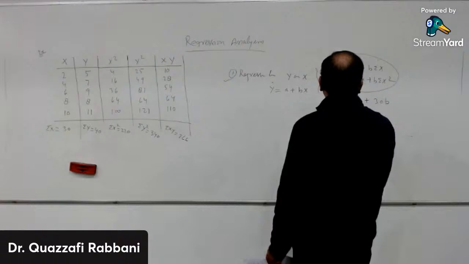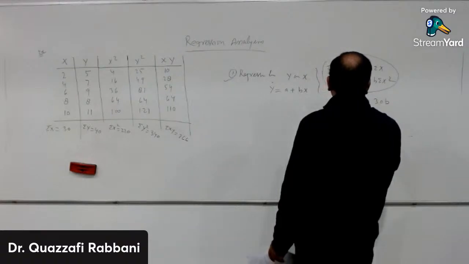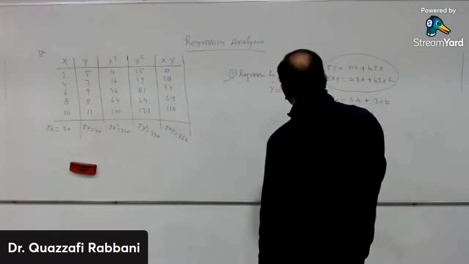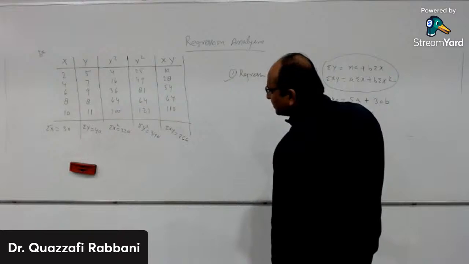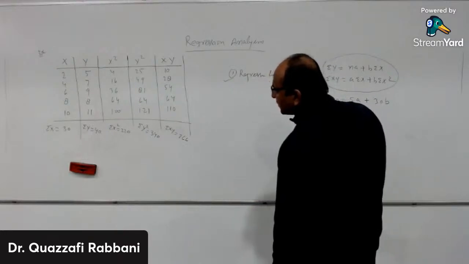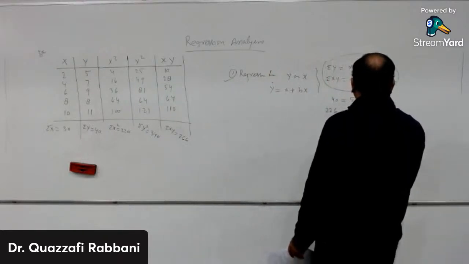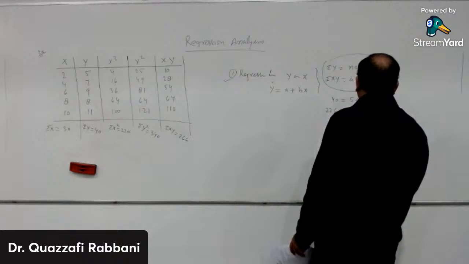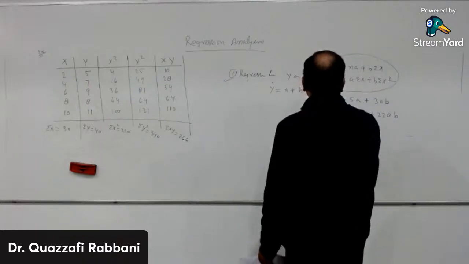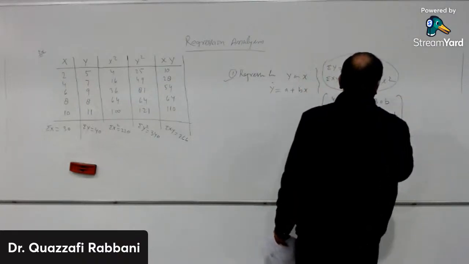Summation x is equal to 30, so 30a plus b summation x square. B summation x square means 220b.